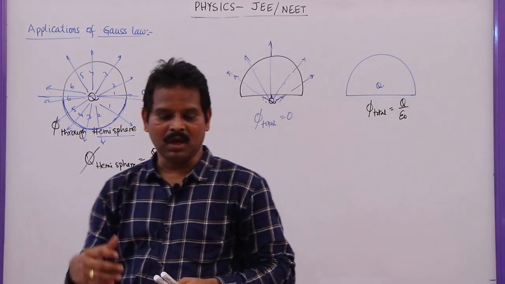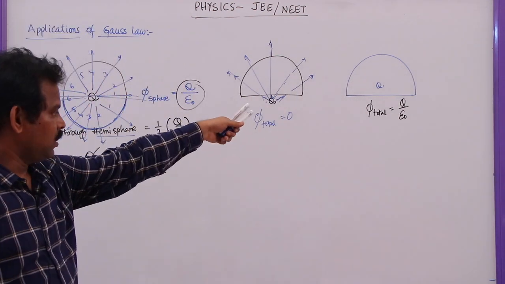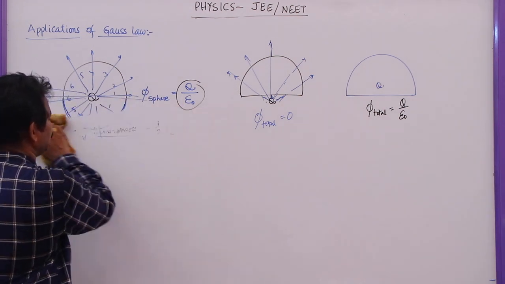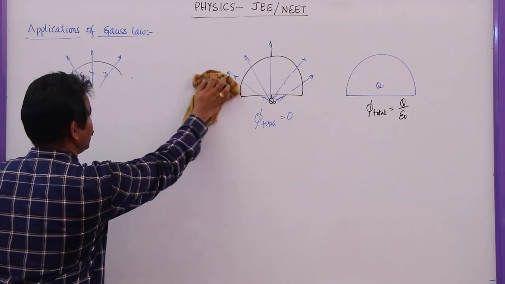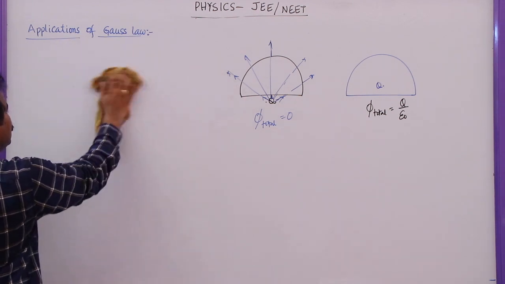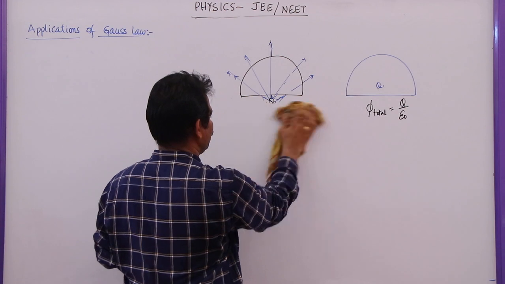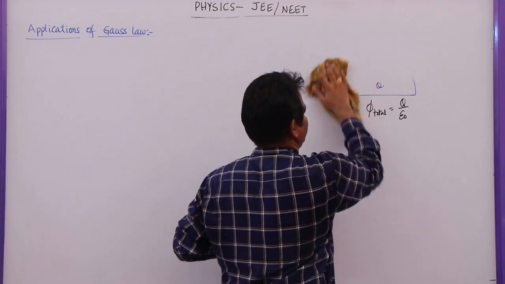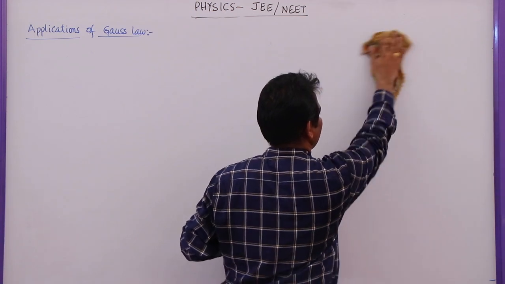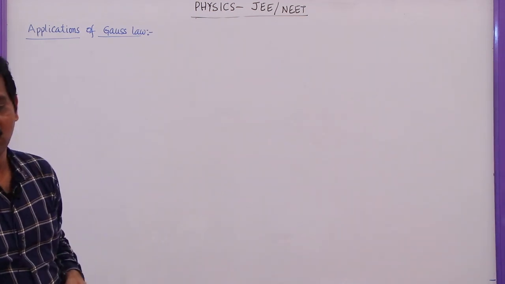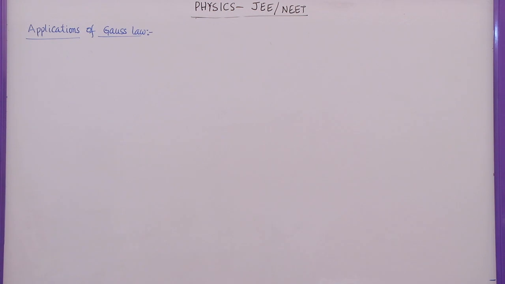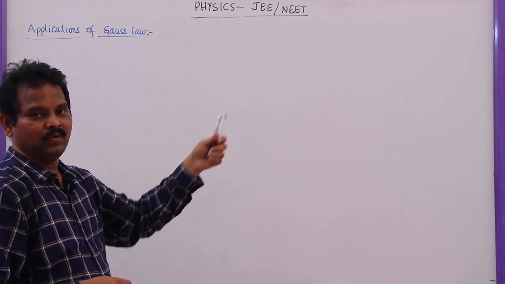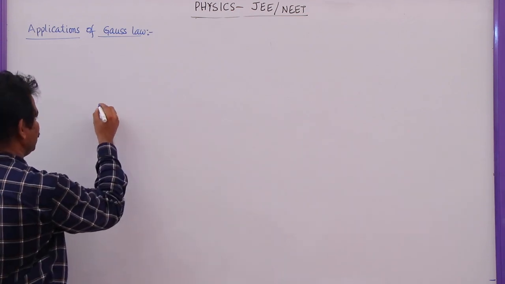It is very important that if the charge is enclosed by the hemisphere or any closed surface, then only can we find the flux. If the charge is not enclosed, then the flux through that hemisphere will be 0, because the total flux entering a surface is equal to the total flux leaving the surface.